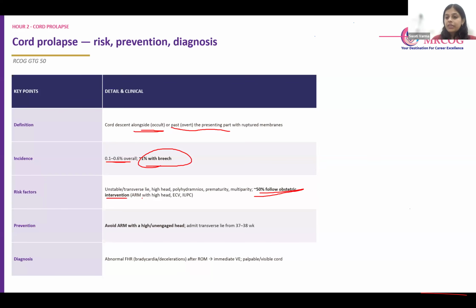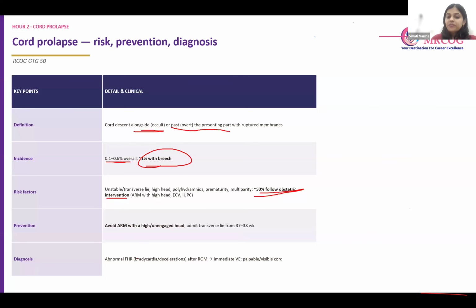Whenever you are doing anything, like with a high head you did an ARM, or you performed an ECV, or you put an intrauterine pressure catheter, then 50% of cord prolapse cases often follow any obstetric intervention. How can you avoid it? Avoid ARM with a high or unengaged head, and prefer to admit any transverse lie from 37 to 38 weeks so that you don't miss out on cord prolapse.